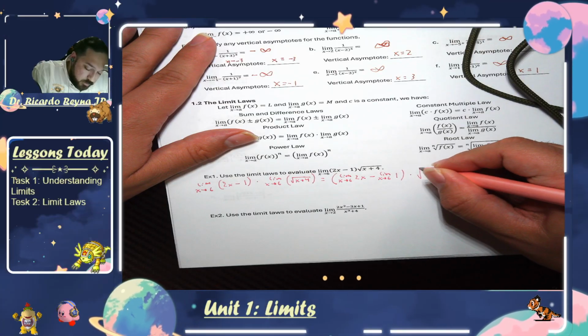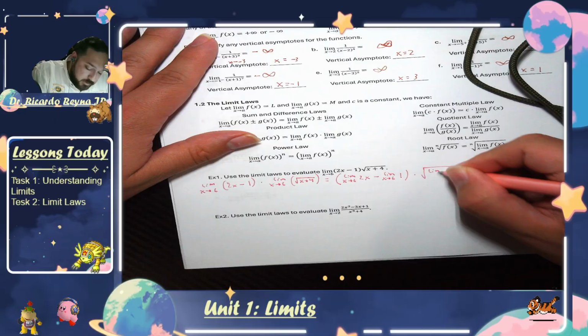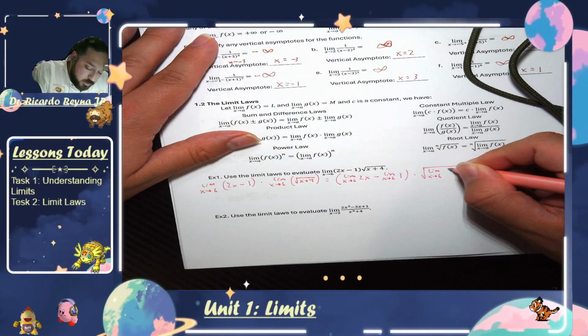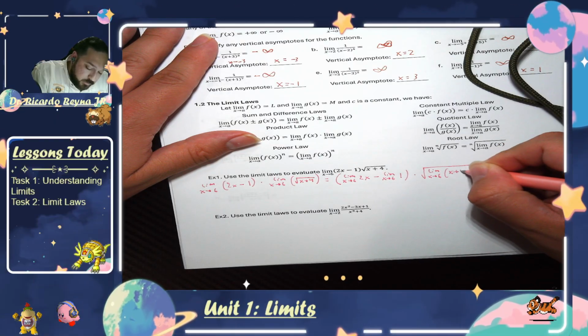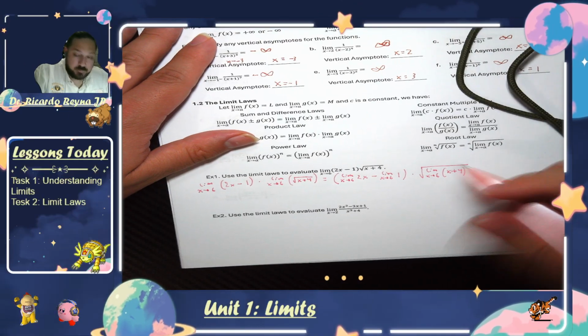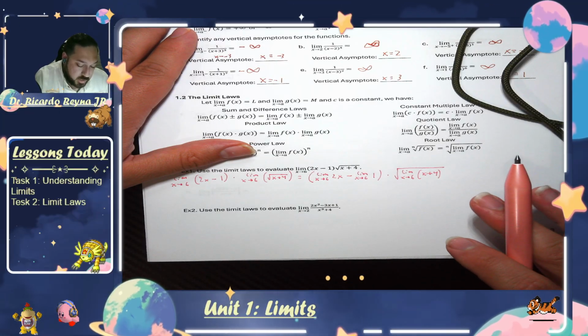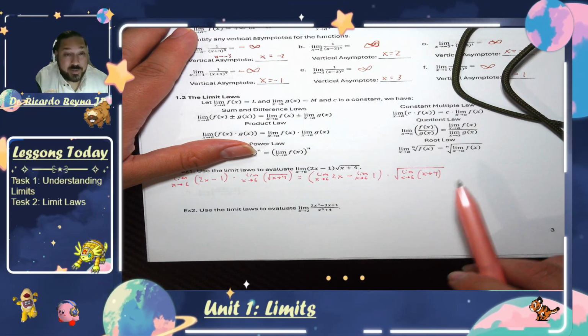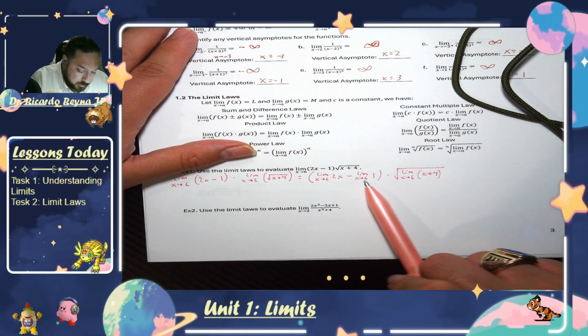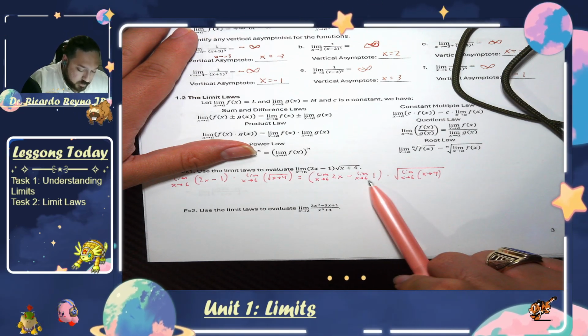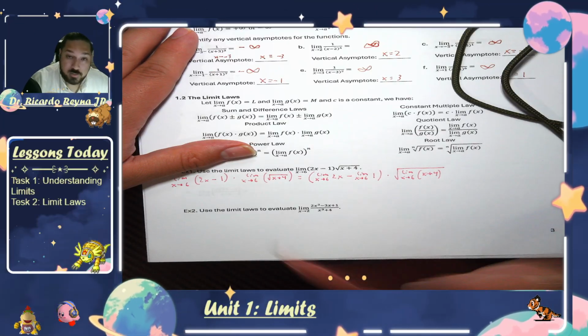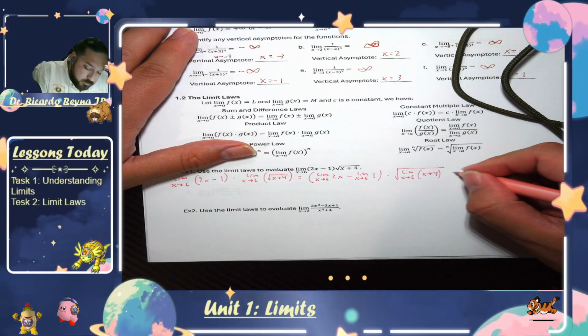So the square root of the limit as x goes towards 6 of x plus 4. From here, I should say there's only one limit we can evaluate right away. The limit as x goes towards 6 of a constant, we talked about constants. So that whole thing's just going to be 1.